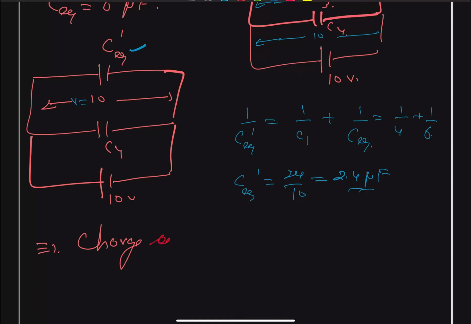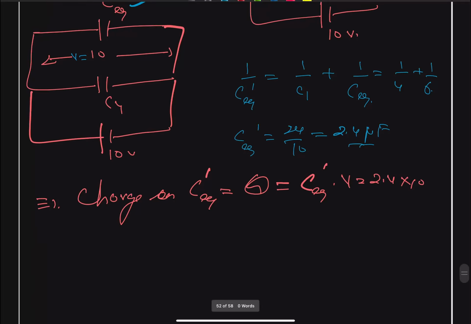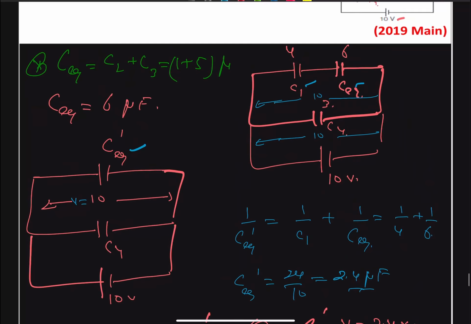Let us call that Q. Then this Q will be equal to C equivalent prime multiplied by voltage, that is 2.4 multiplied by 10, and we get the charge on C equivalent prime as 24 microcoulomb, and this 24 microcoulomb will be the charge on our C equivalent.